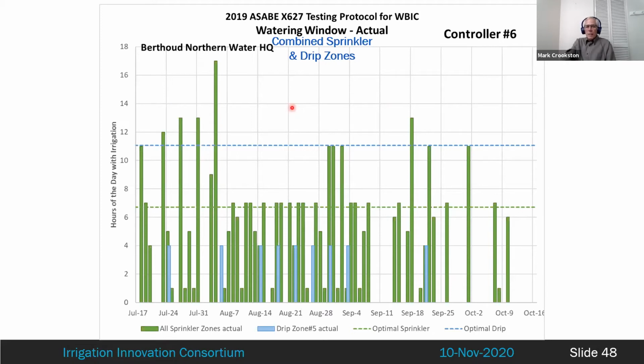So this becomes important because not all controllers will stack zones on top of one another. When they cycle and soak, there are controllers that will do one zone at a time. They'll cycle on, cycle off, cycle on, cycle off, cycle on. It takes an incredibly large watering window to get through all that. Other controllers will actually stack those zones.